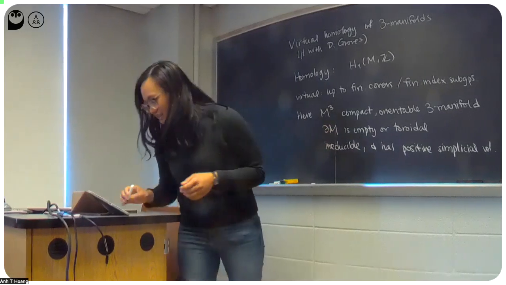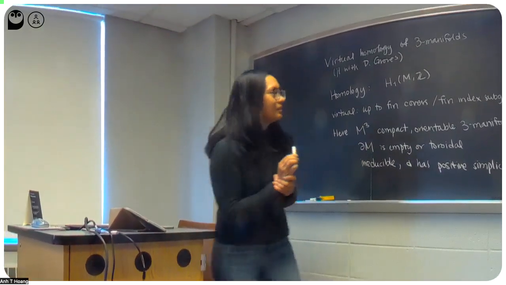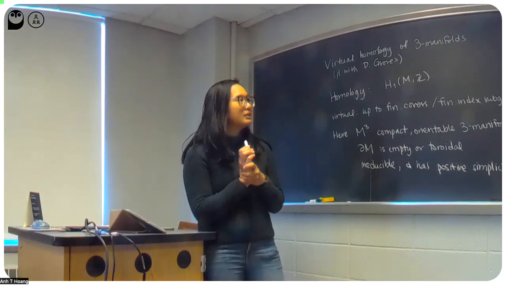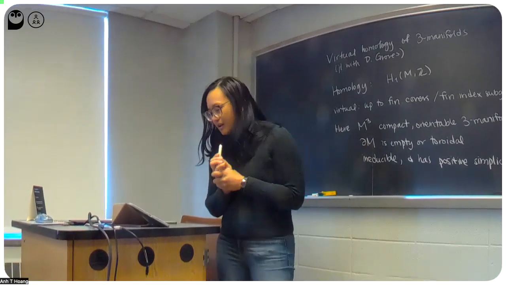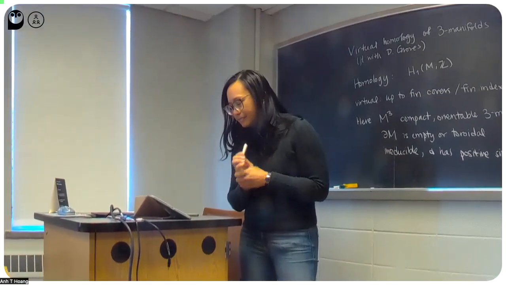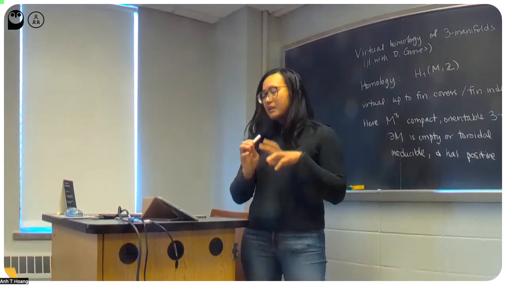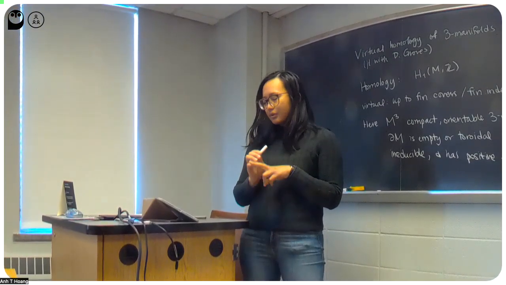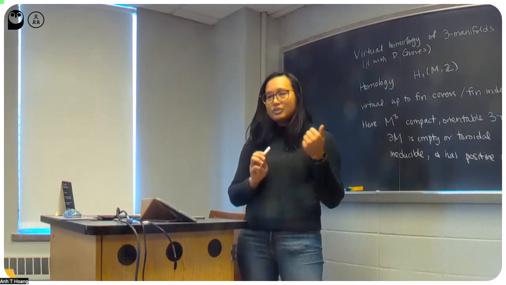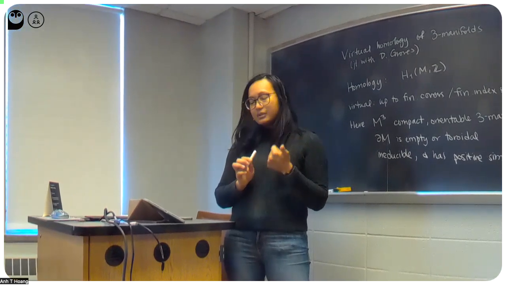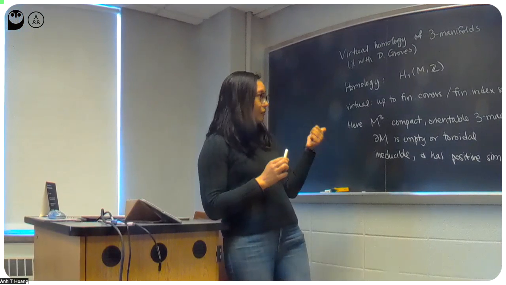It's also called Gromov norm because it was defined by Gromov. What it is, it's really the infimum of the sum of the absolute values of coefficients over all the singular chains that represent the real fundamental cycle of M.